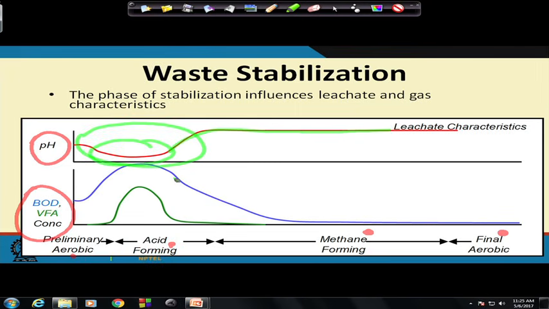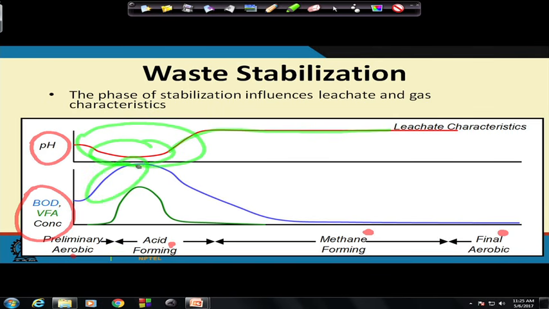When I say they, I'm talking about the microorganisms. So there is an oxygen requirement, and oxygen requirement means BOD. That's why, as these smaller molecular weight compounds are being formed, you start seeing an increase in the BOD number.